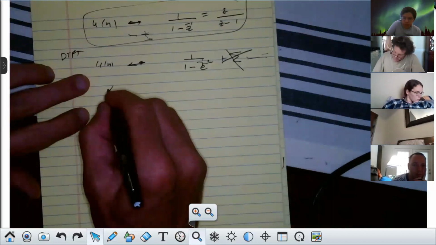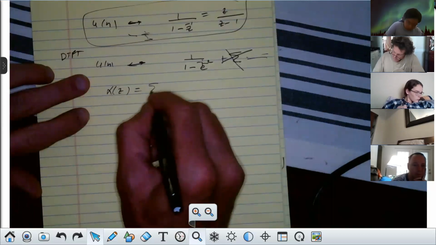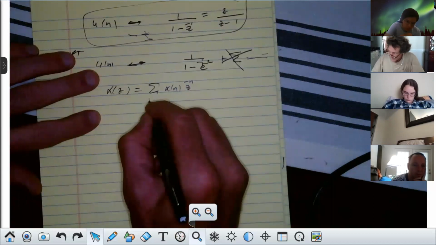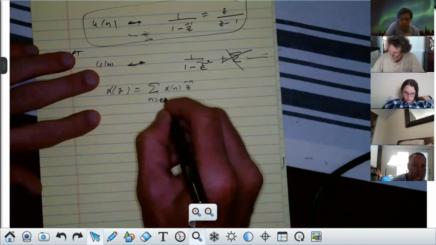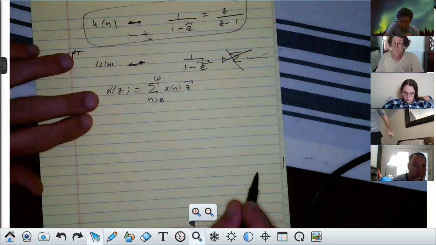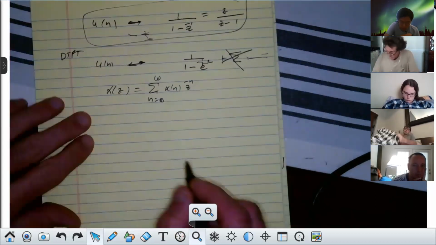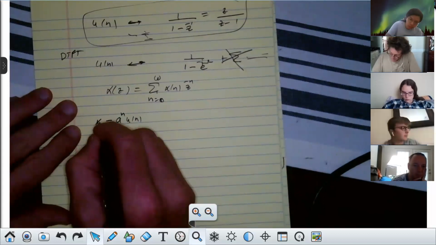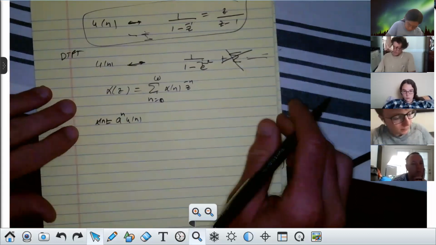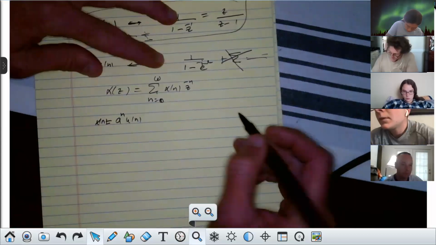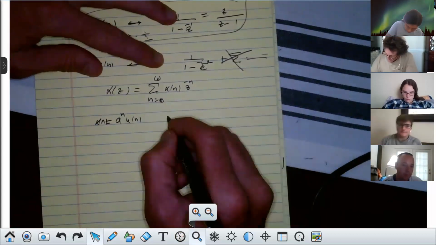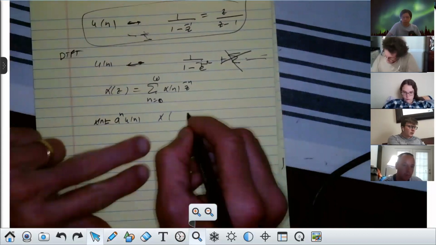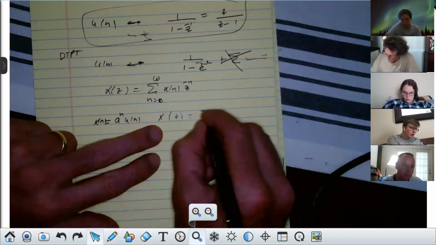Fundamental definition of x of z is the summation of x of n times z to the minus n from n equals 0 to infinity. That's the definition. Now, what if I have a to the n u of n equal to x of n? Well, if I have that, and I stick it in that series, I have x of z equal to a summation.